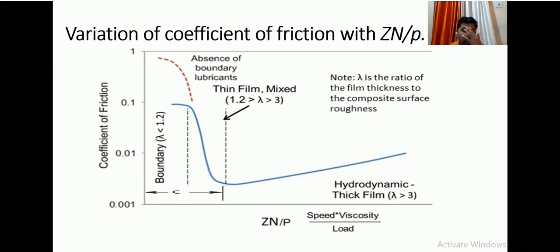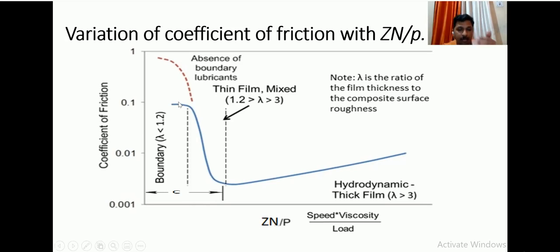So if we draw a graph between coefficient of friction and bearing characteristic number, this ZN by P is known as bearing characteristic number. At the starting point, that means either the shaft is in stationary condition or rotating at very slow speed, the friction will be maximum.